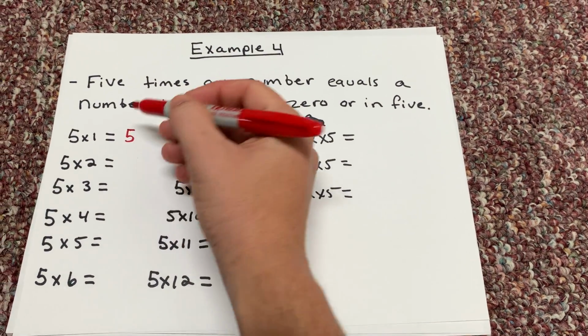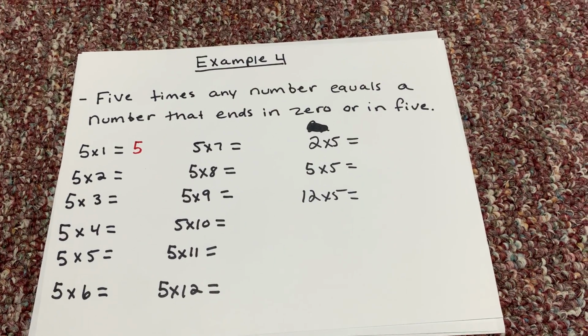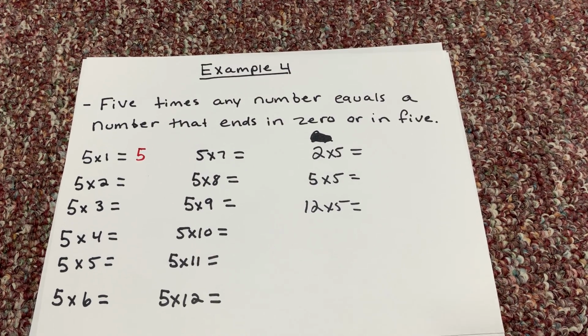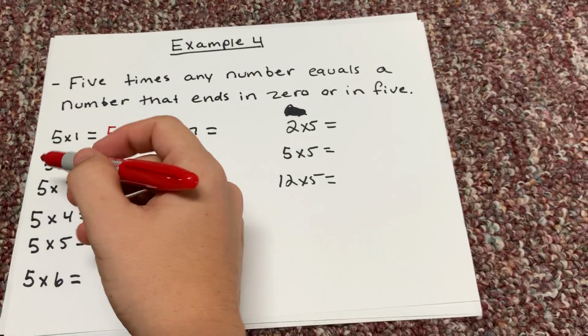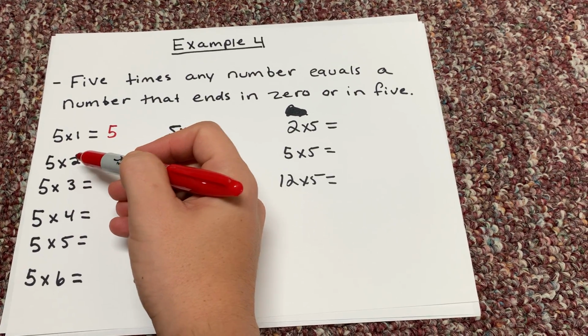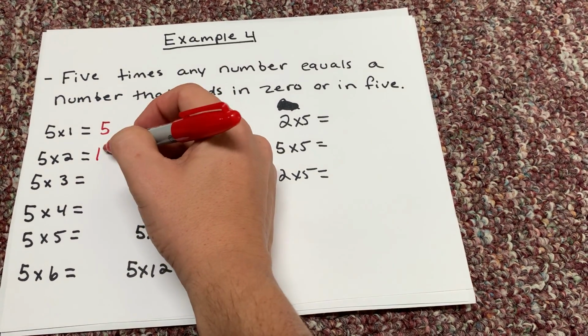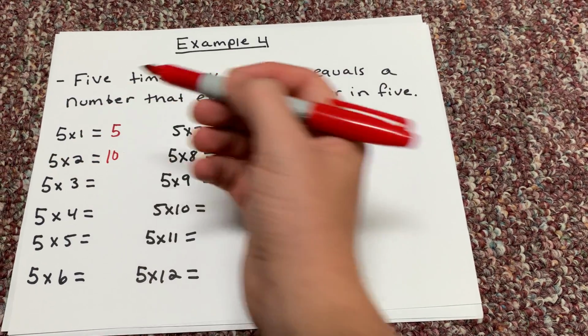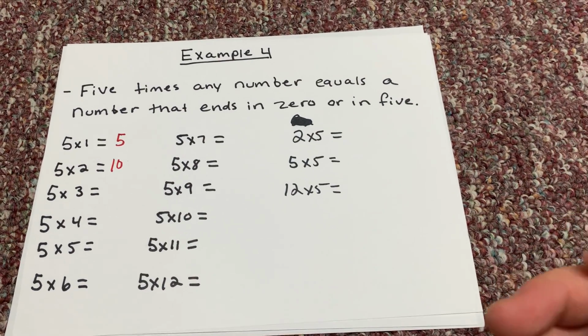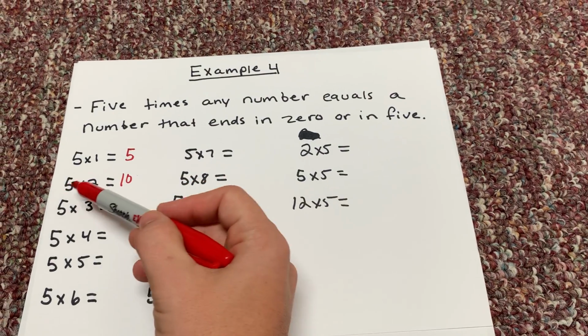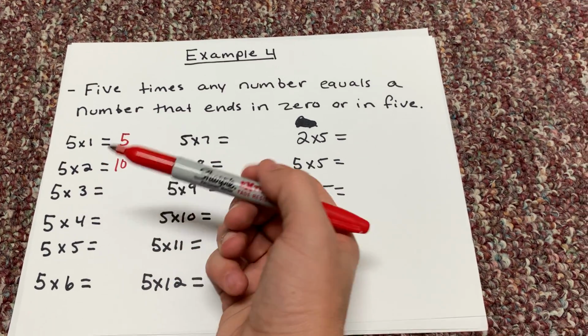Next, 5 times 2, which equals 10, because we know that 5 plus 5 equals 10. So same thing, 5 times 2 equals 10.